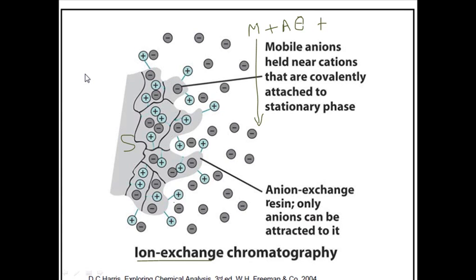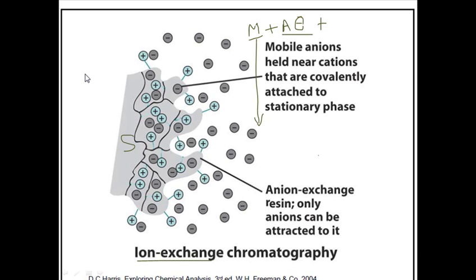But in all these cases, in this ion exchange chromatography, remember these things very carefully. We have to choose the stationary phase molecule and the mobile phase molecule really carefully, because in this case we need to choose the stationary phase molecule attached to positively charged residues. Otherwise, we cannot separate the anions.